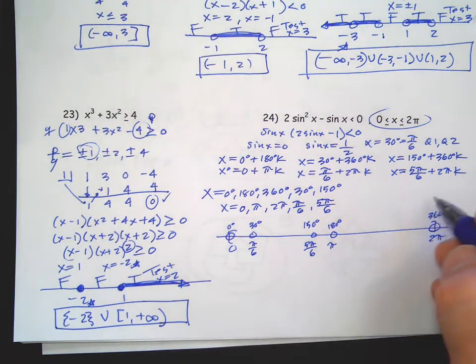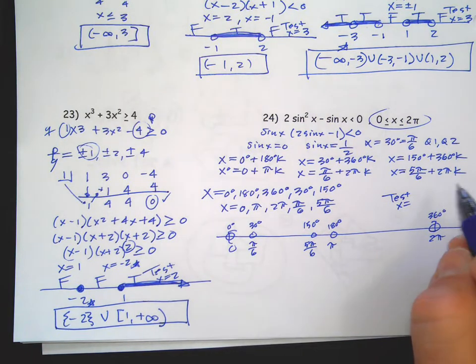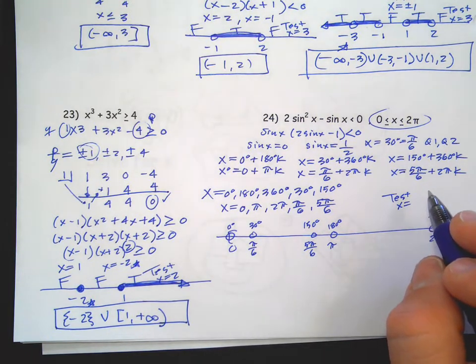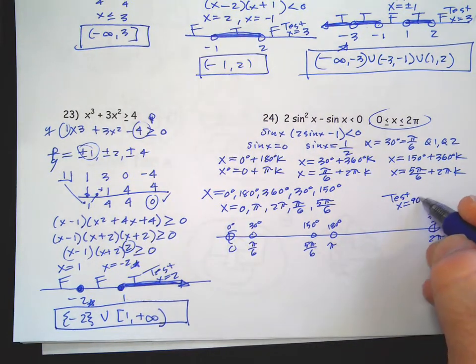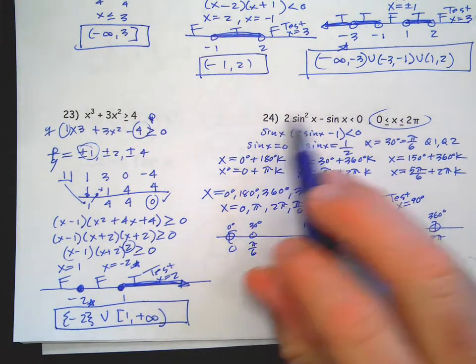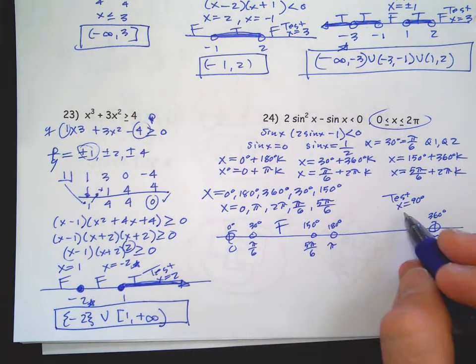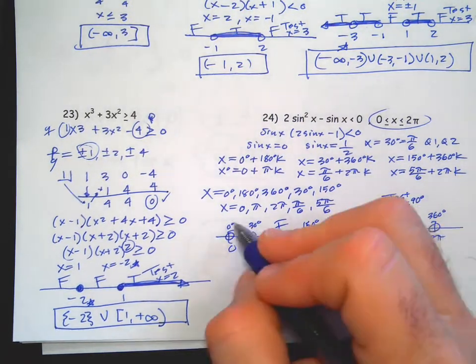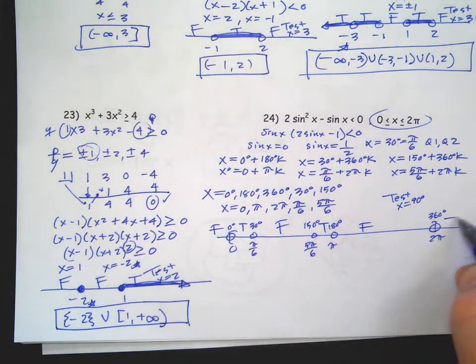Test value. I like to test 0, but I can't this time. So I guess another one would be 180 or 90. Let's try 90. 90 seems good. Sine of 90 is 1, so that's 2 minus 1 is 1, which is false. Make sure you remember where that's false. True, false, true, false, true.